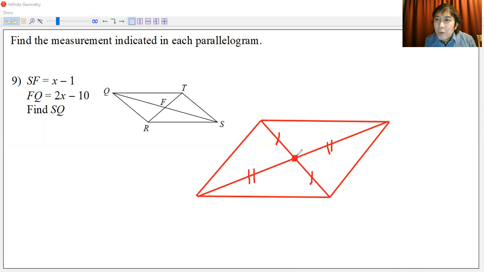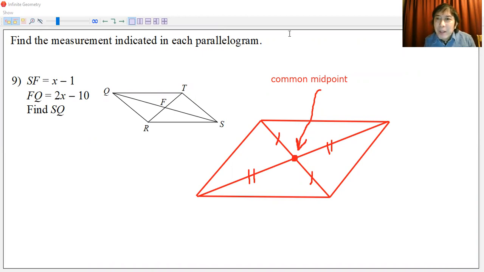Just remember, for a parallelogram, this is actually a common midpoint. They divide each other into 2 equal parts. So that's it, and we can use this concept in solving the problems.